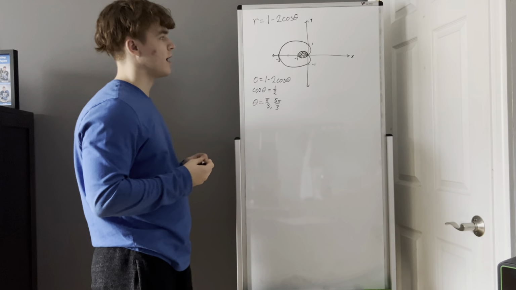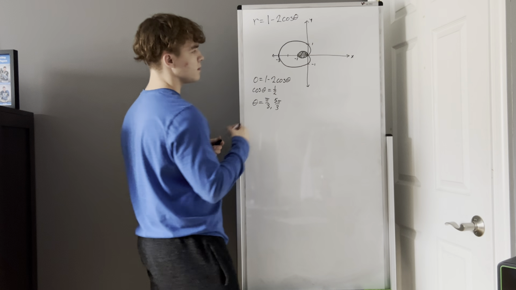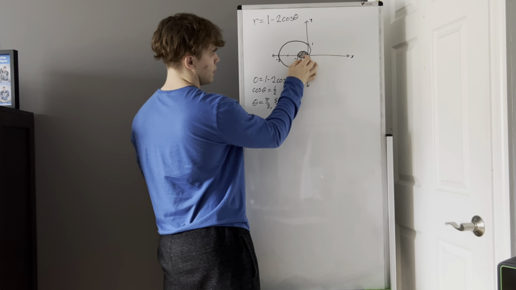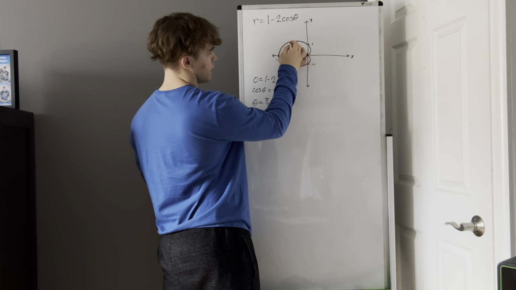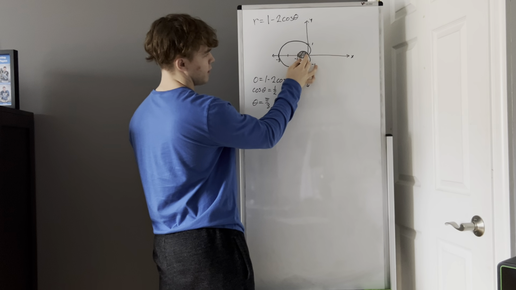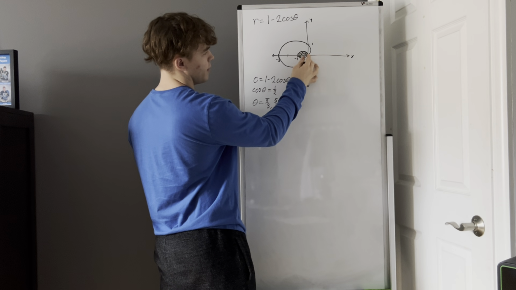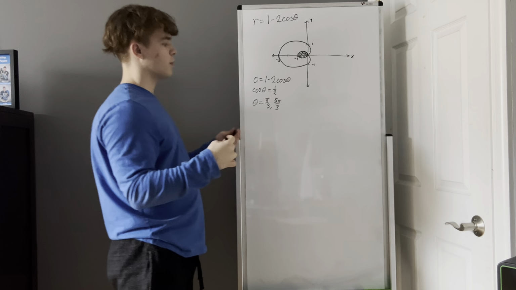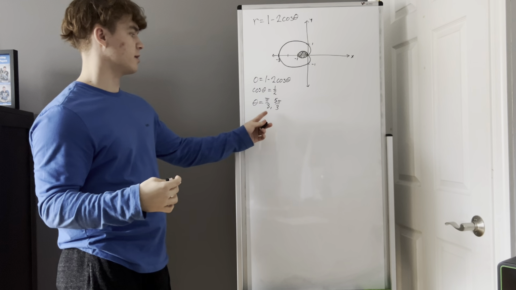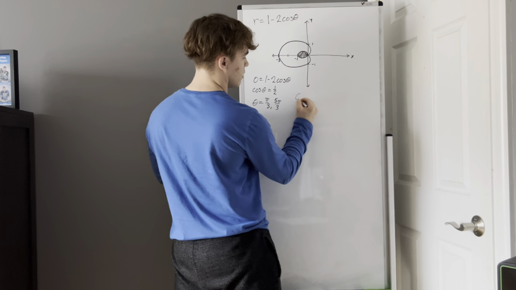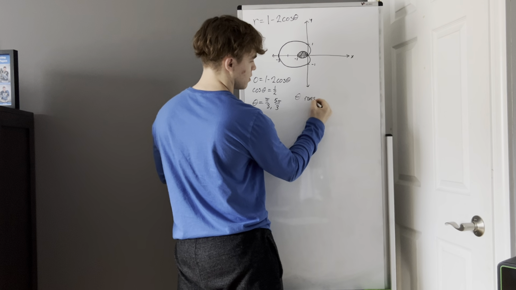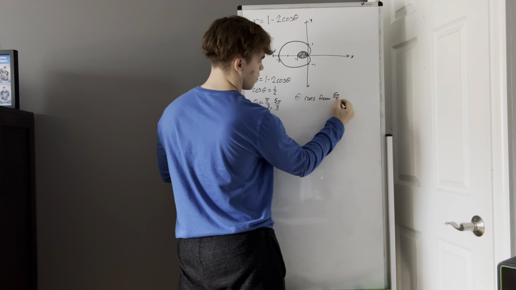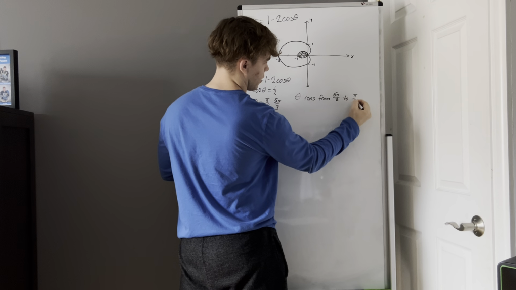So what's actually happening here is that pi over 3 is somewhere along this curve. And so pi over 3 to 5 pi over 3 will be this outside curve. So we actually want 5 pi over 3 to pi over 3. So we're going to write down theta runs from 5 pi over 3 to pi over 3.